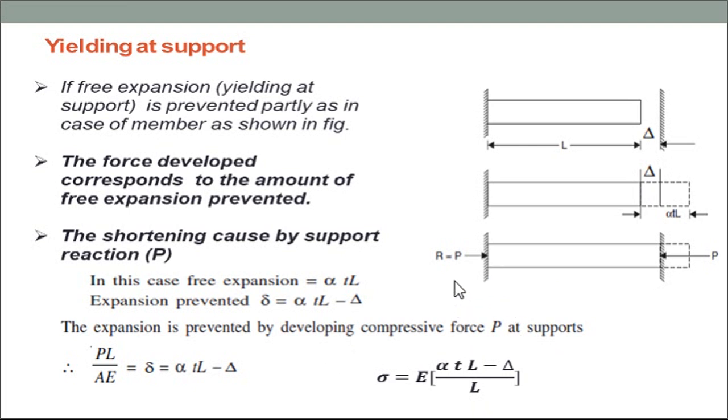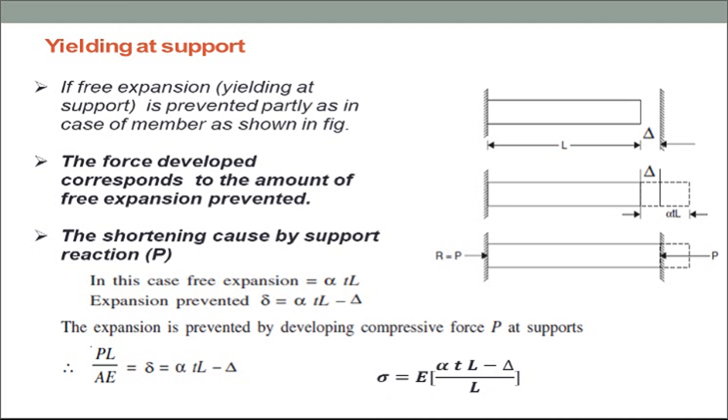So from this expression, whenever there is yielding at support, at that time, because of the support, that amount of expansion is prevented by providing the support at the two ends. So this is for the case where the expansion is prevented partly. By using this relation, we can easily calculate the temperature stresses.